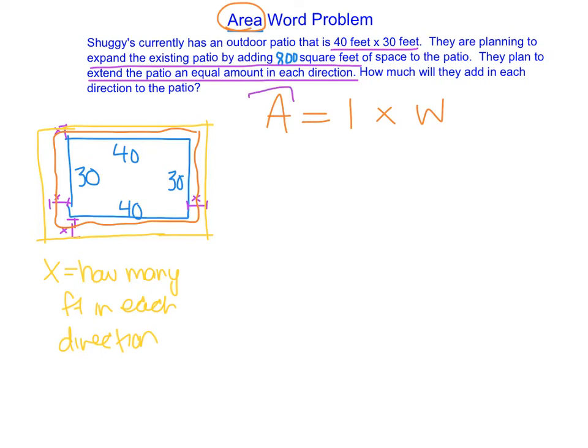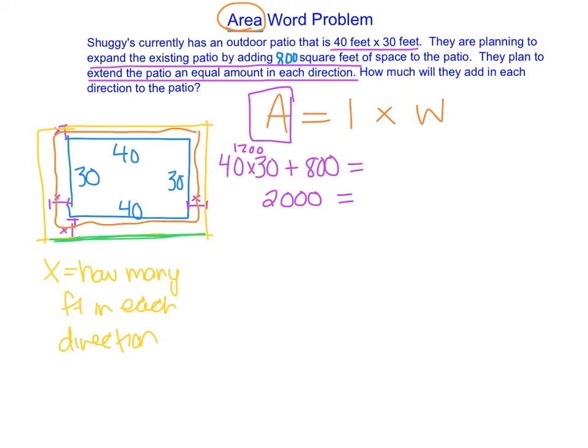First, I know that my total area is going to be represented by whatever 40 times 30 is, plus the additional 800 that I'm going to add on. So 40 times 30 is 1200. So 1200 plus 800 means that my total area is going to be 2000 square feet. Then my length is this distance right here.